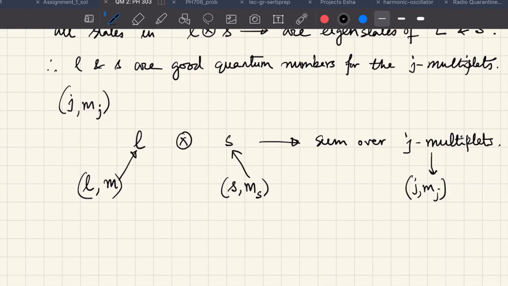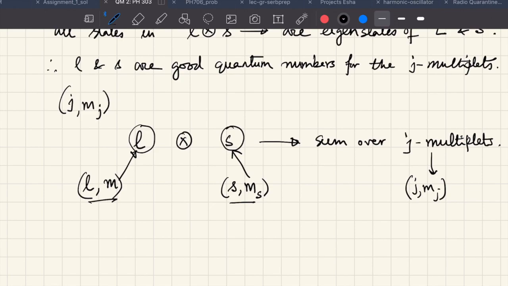Now note one interesting thing. Even if you want, we cannot specify more quantum numbers to either L or S multiplets. Here all the states are eigenstates of L square, and here all the states are eigenstates of S square. So L, m for the orbital, and S, Ms for the spin multiplet. That's what you have. You don't need to specify any more quantum numbers.